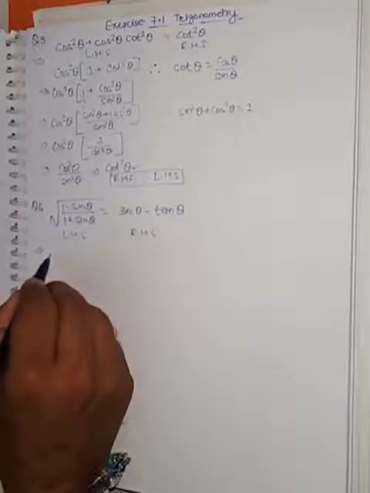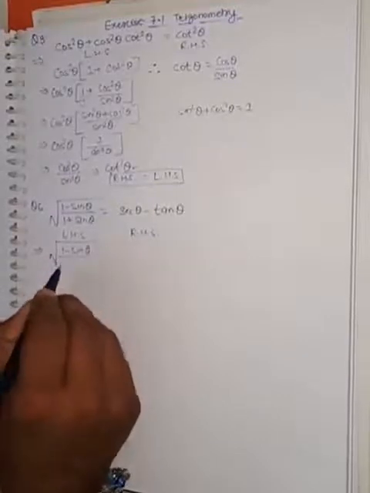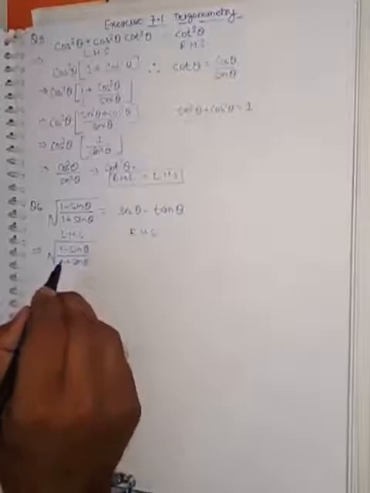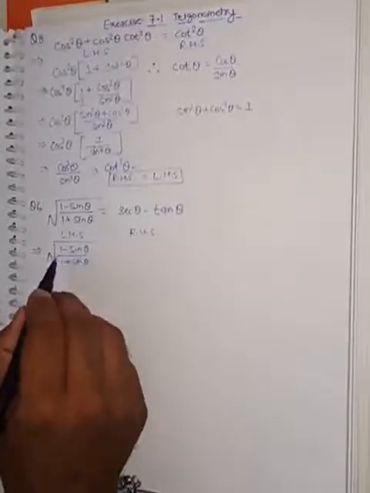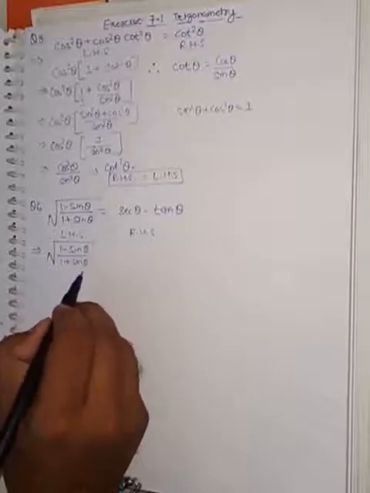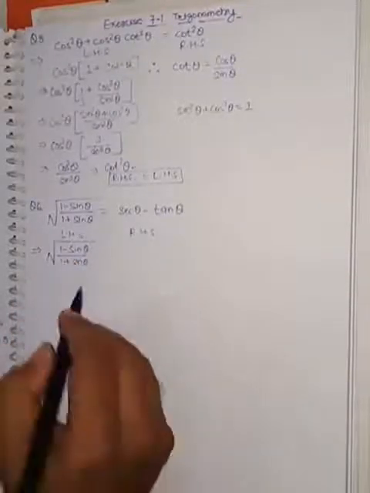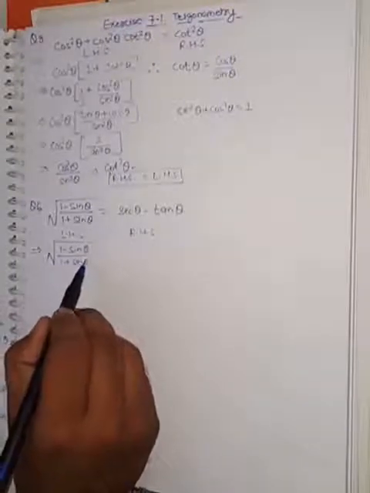So let's write 1 minus sine theta divided by 1 plus sine theta. As I already discussed in our previous video, if we get a value like 1 plus sine theta, 1 plus cos theta, 1 minus sine square, or 1 plus 2x in a denominator, we always rationalize.